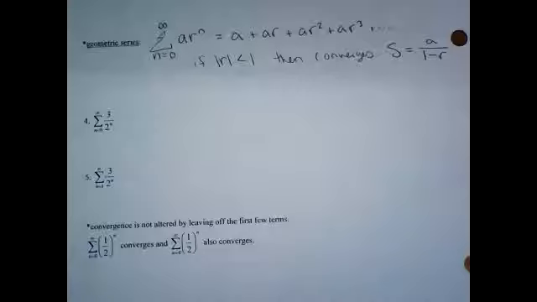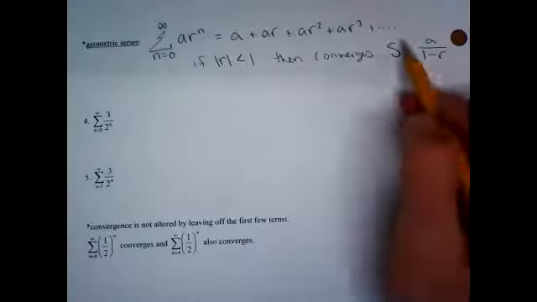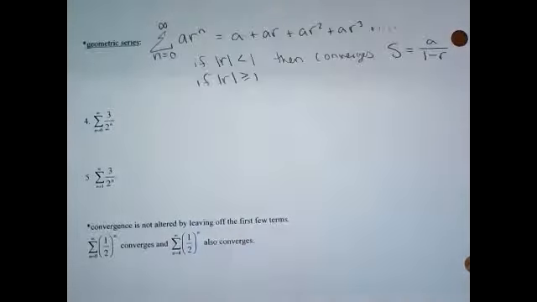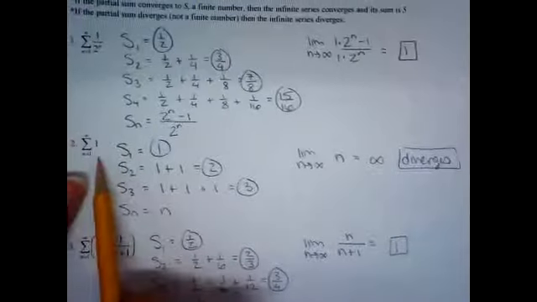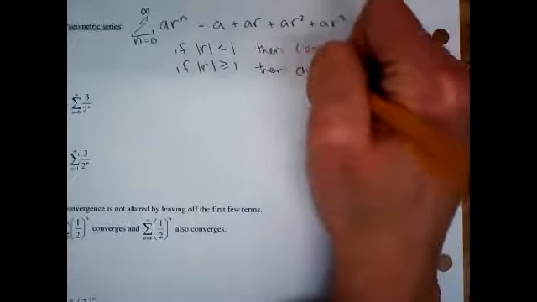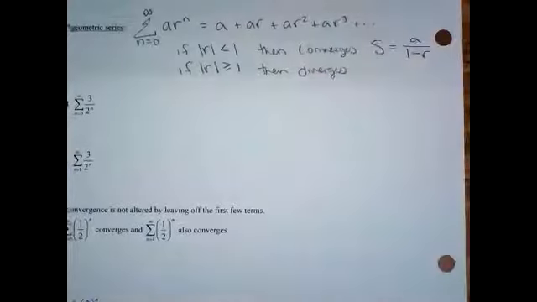If the absolute value of r is bigger than or equal to 1, actually, I don't know how it could equal 1, because if you just multiply by 1, nothing's going to change. That would, I guess, be like this one. Then it diverges. So you just can't get an answer.